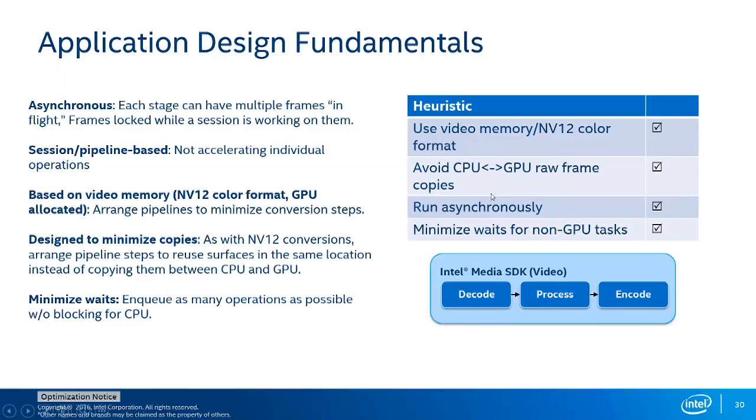Avoid frame copies by using the right or the matching video format, and running asynchronously is important. Also, make sure your application is basically staying out of the way. This can mean possibly threading or possibly just making sure that the SDK is getting the most uninterrupted flow of new tasks that your application can provide.